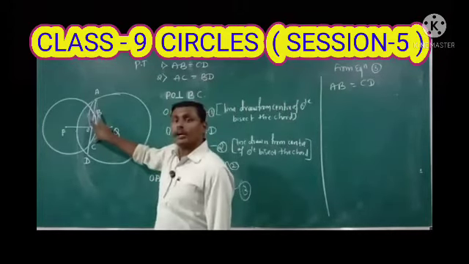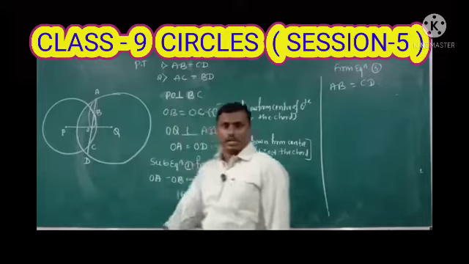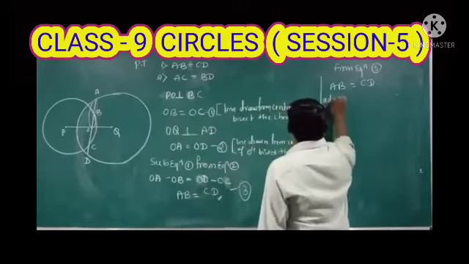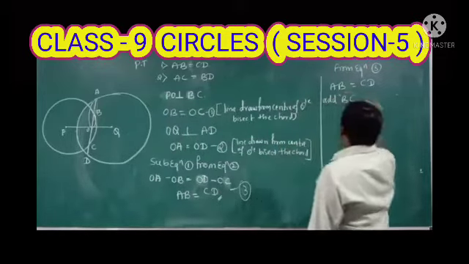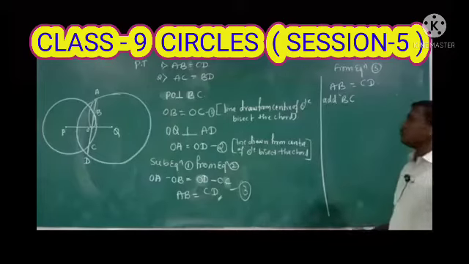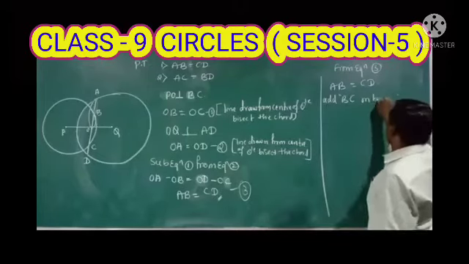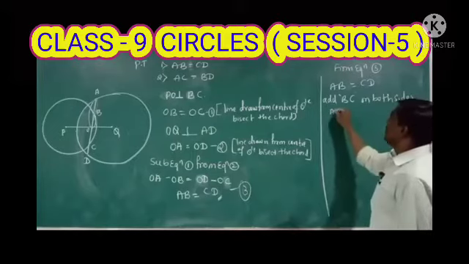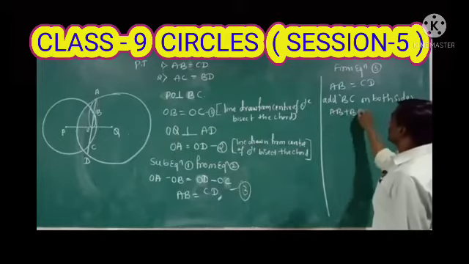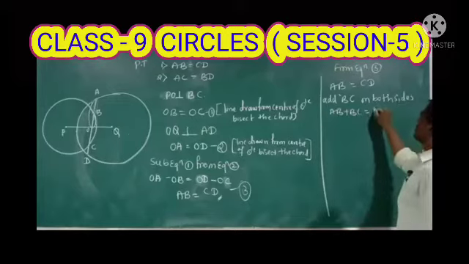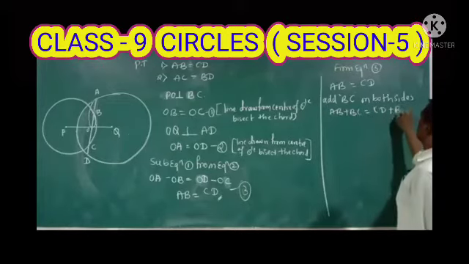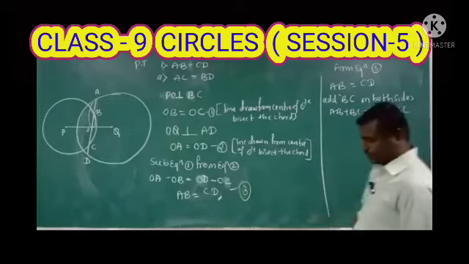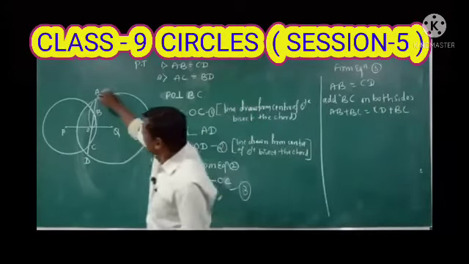So add BC on both sides. Add the part BC on both sides. So AB plus BC is equal to CD plus BC. By adding these two, just observe the diagram.